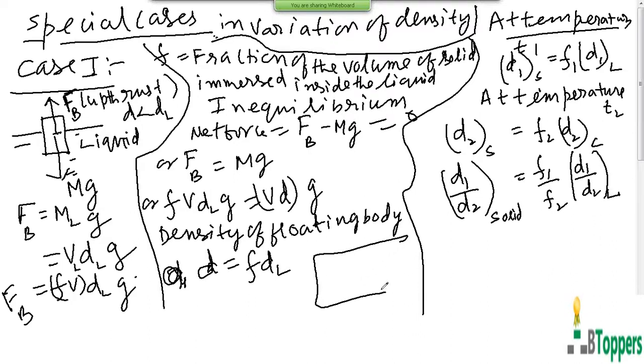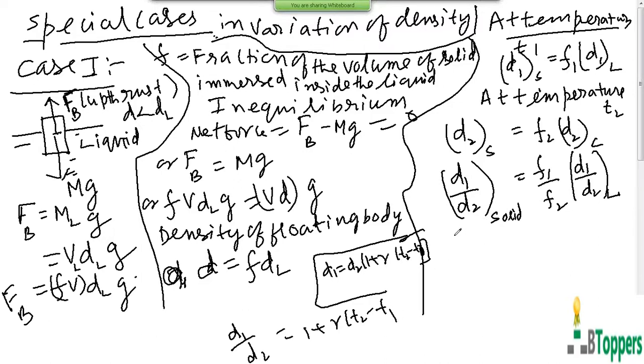As I discussed here, d1 you can write as d2 into 1 plus gamma into T2 minus T1. So in general, d1 by d2 can be written as 1 plus gamma into T2 minus T1.